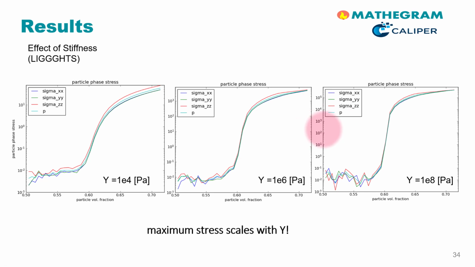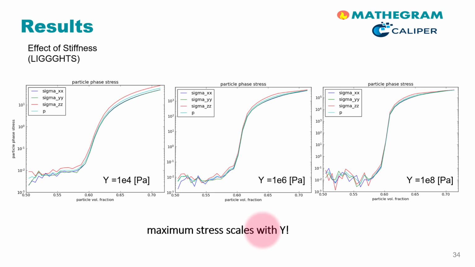To summarize, the stresses for this extreme compaction process scale with the particle stiffness, thus normalizing the stresses with the Young's modulus Y is suggested, and this is also what is observed in the scientific literature and in real-world applications.